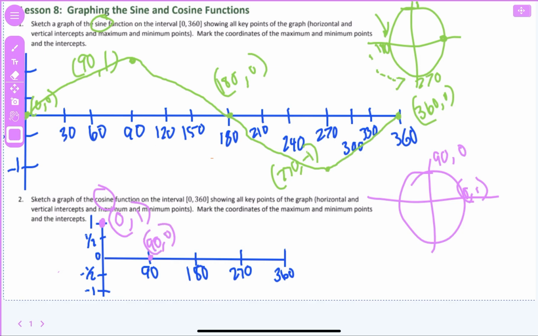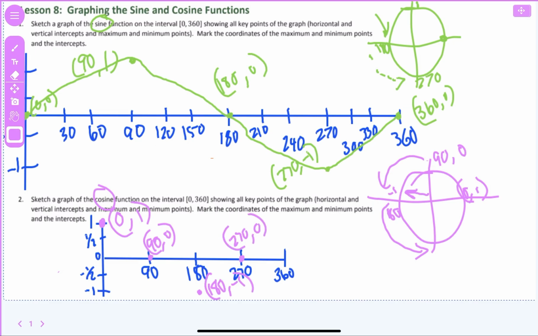Now, when we rotate again 90 degrees down to 180, what is the cosine? Well, that is -1. We've moved to the left, to -1. And when we rotate down here, we've moved back to the y-axis, which gives us a 0. So we have 270 and 0.